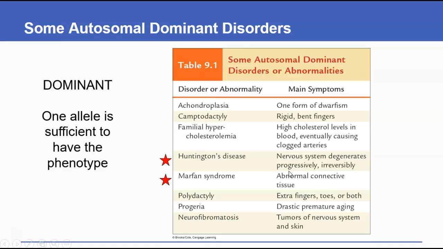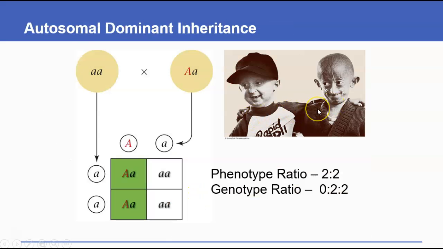Some examples of autosomal dominant disorders are Marfan syndrome, which we talked about before. Huntington's disease is a particularly tragic example of autosomal dominant disorders. Another example is progeria, and polydactyly, with extra fingers and toes being the dominant case. Progeria, excessive aging.